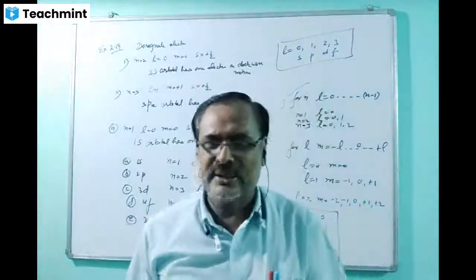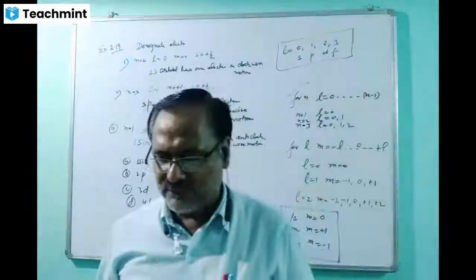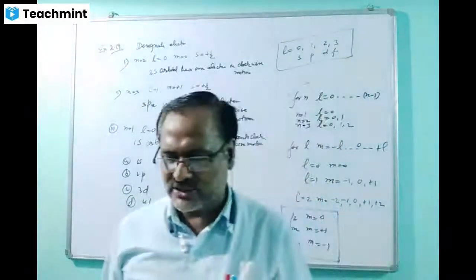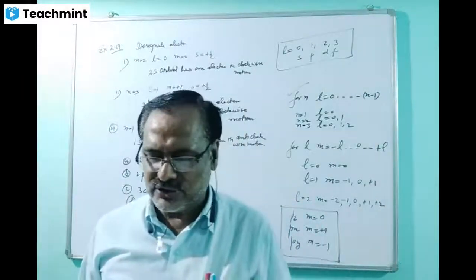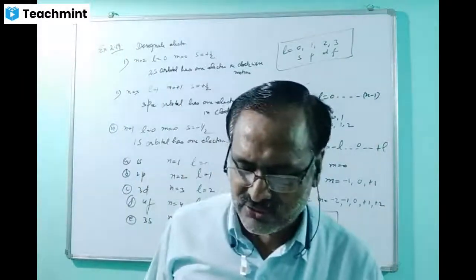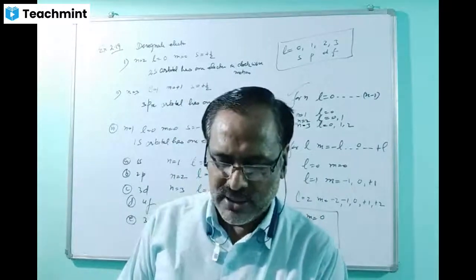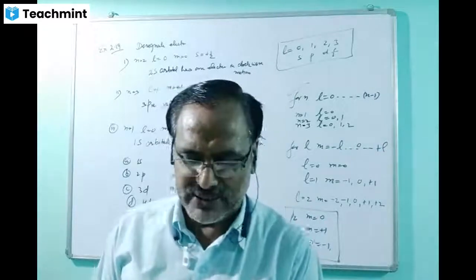So here, example 2.20, it is given that among the following sets of quantum numbers, state which are not possible and explain why. The first one, you see, N is equal to 0 and L is equal to 0, M is equal to minus 1. That is not possible because L is equal to 0, so the value of M cannot be minus 1.